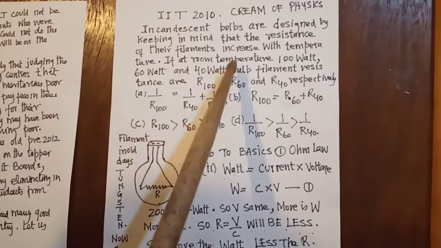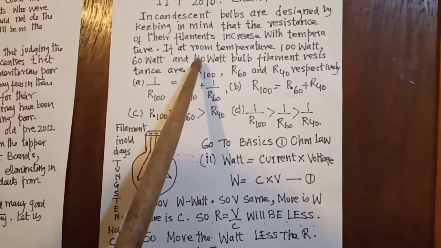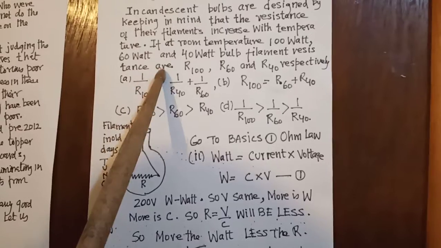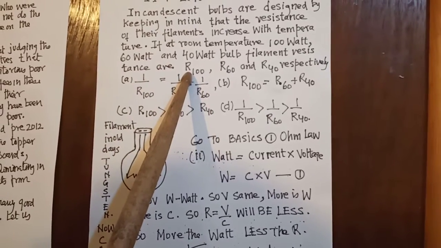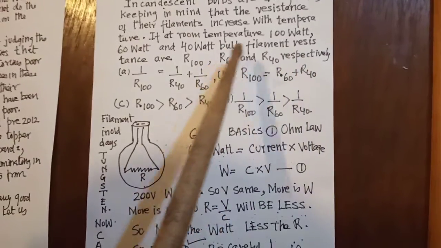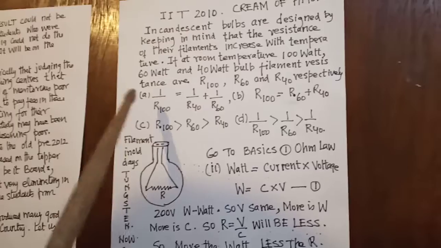If at room temperature, 100 watt, 60 watt and 40 watt bulb filaments have resistances R100 ohms, R60 ohms and R40 ohms respectively, one of these will be correct.